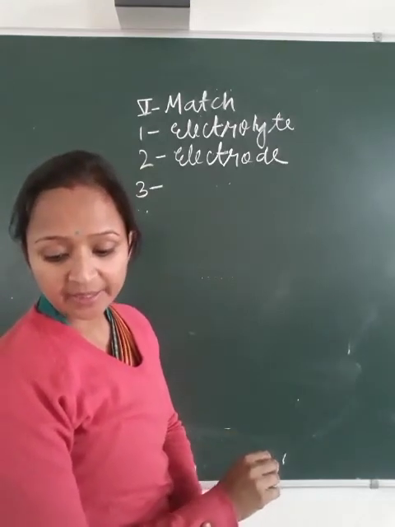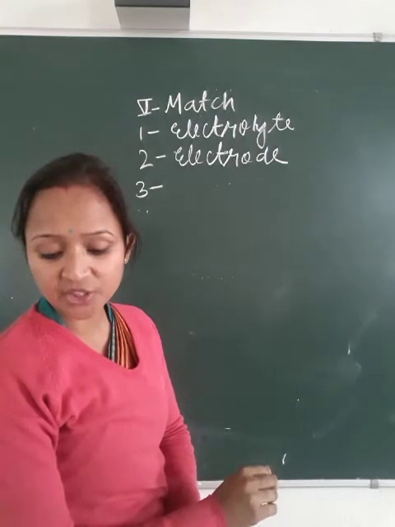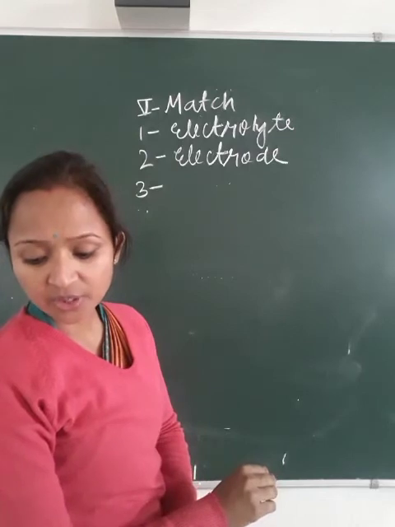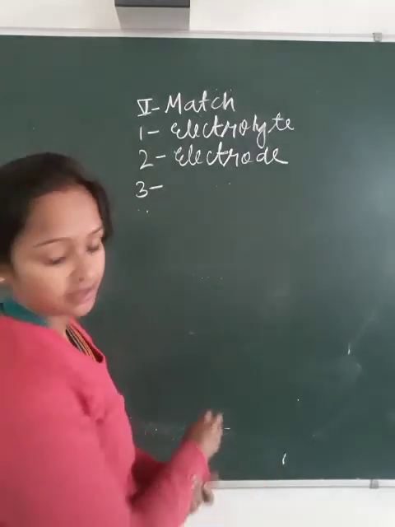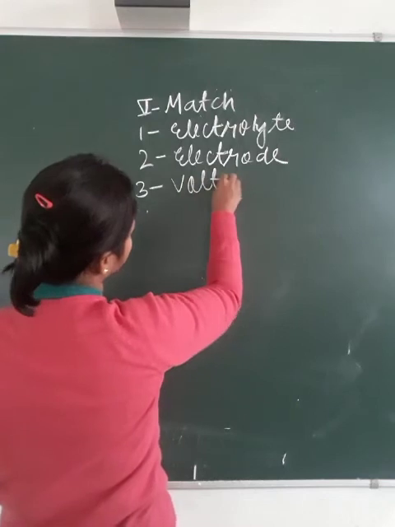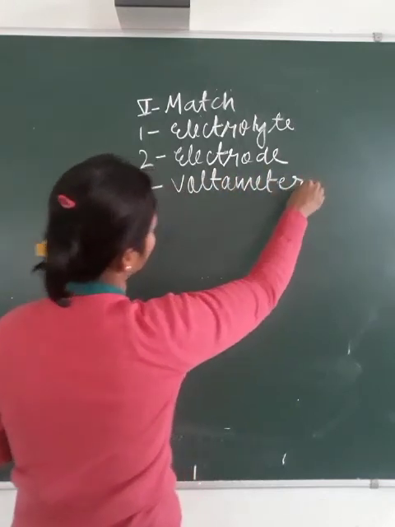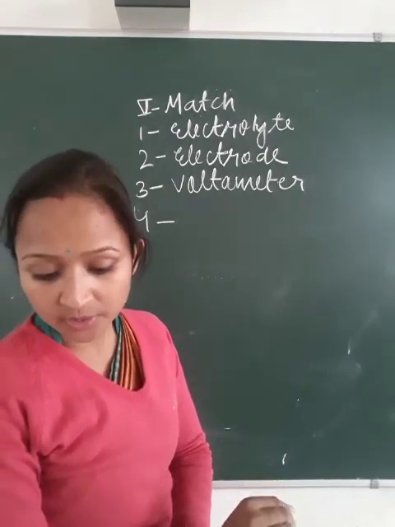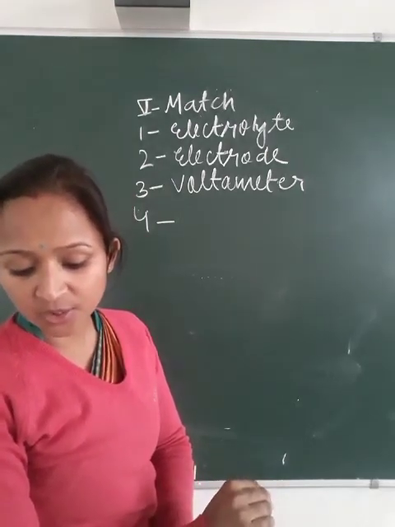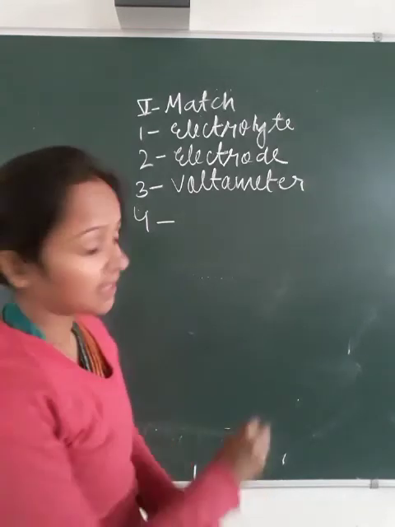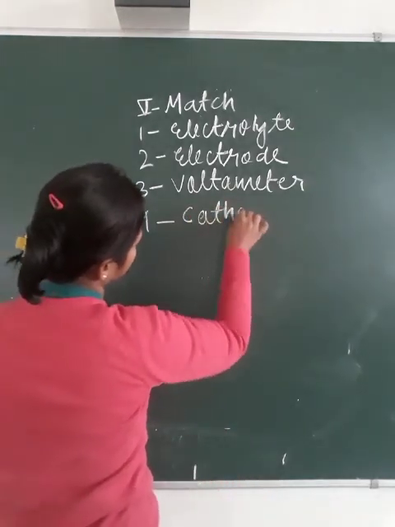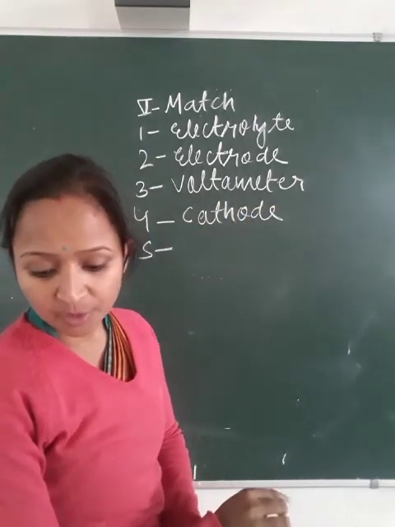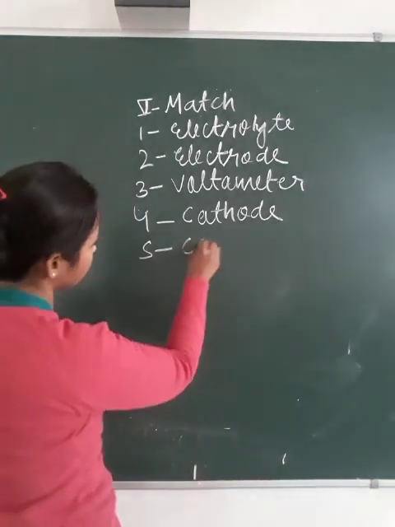The apparatus in which electrolysis is carried out: that is the voltameter. Fourth one, the electrode connected to the negative terminal of a cell: that is the cathode. And fifth one, the positively charged ions: that is the cations.